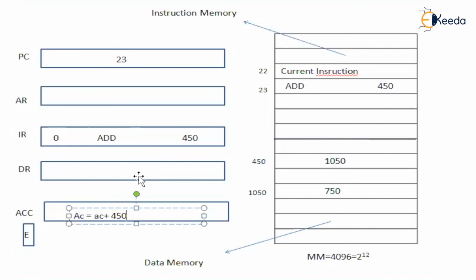In the immediate addressing mode, the address part of the instruction is going to provide you the direct operand. It is neither a direct address nor an indirect address. Rather, it is the operand itself. It is the value itself that is needed to be added to the accumulator in this instruction. Accumulator is equal to accumulator plus 450.